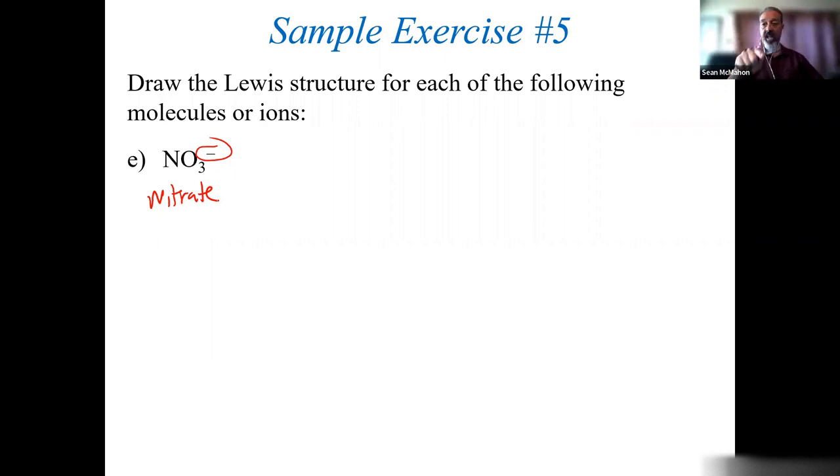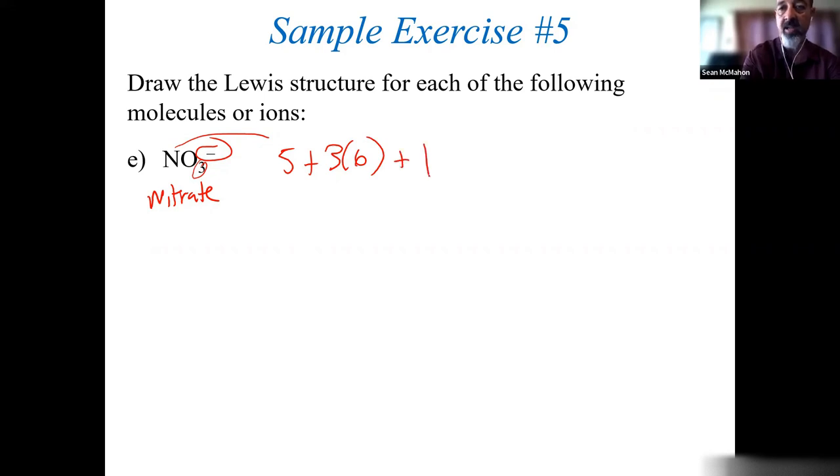It needs 1 extra electron to make all of the elements in this structure happy. That's why it took an extra electron. So let's calculate total valence electrons. The nitrogen gives me 5. Why? Group 5A. There are 3 oxygens. They're group 6A, so each gives me 6. What do I do with this extra electron?